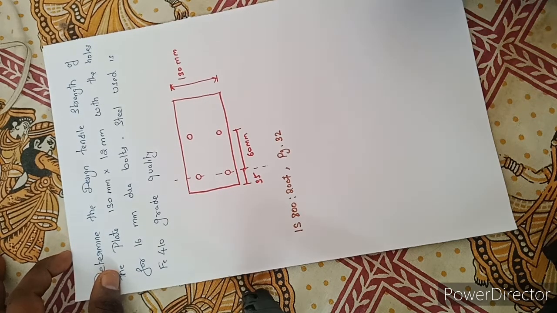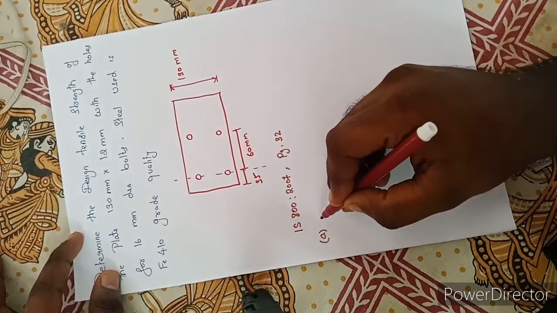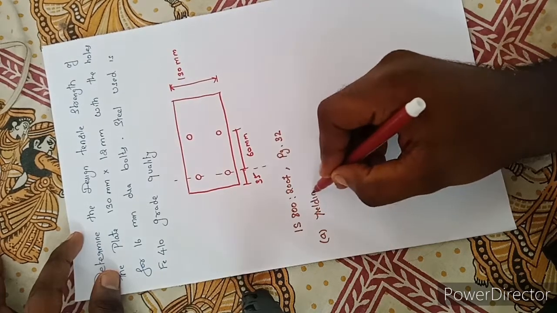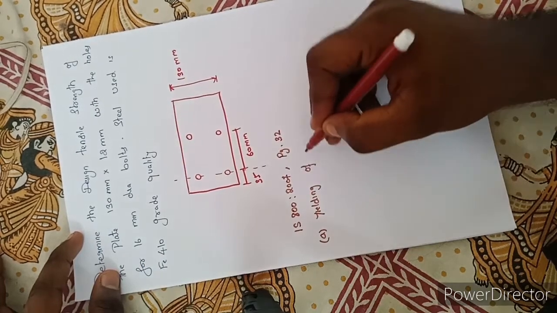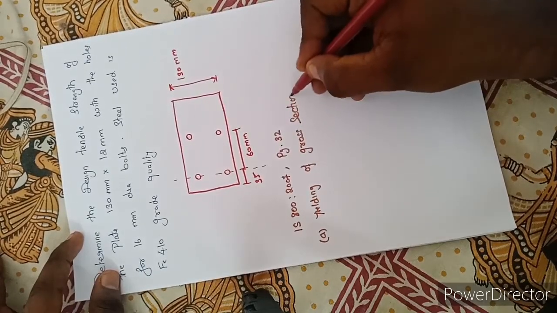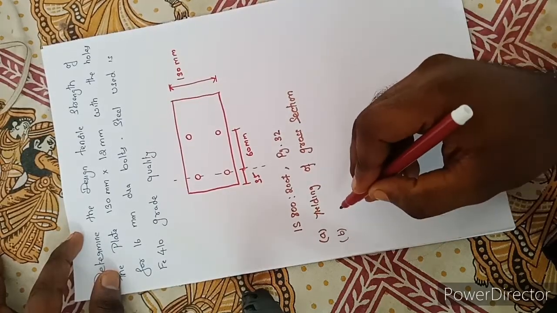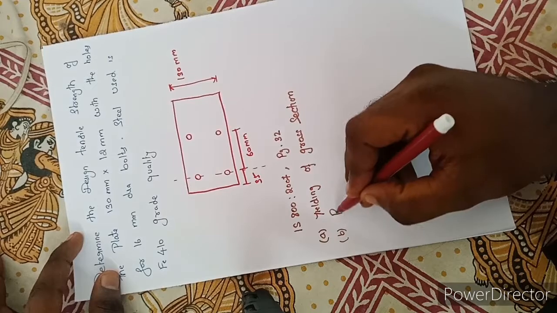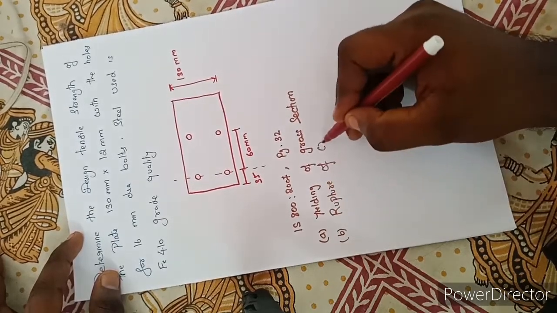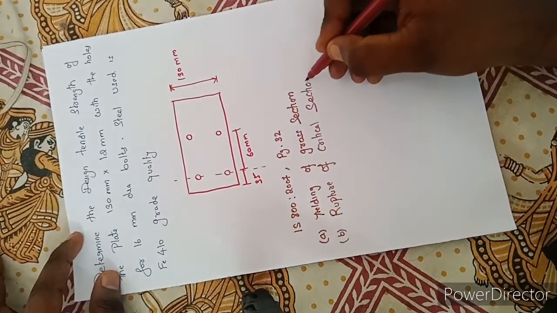I'll explain one by one. Number one is yielding of cross section. Number two is rupture of critical section.